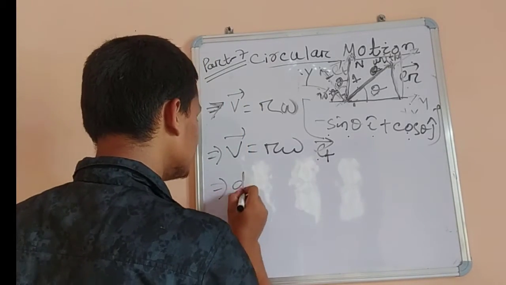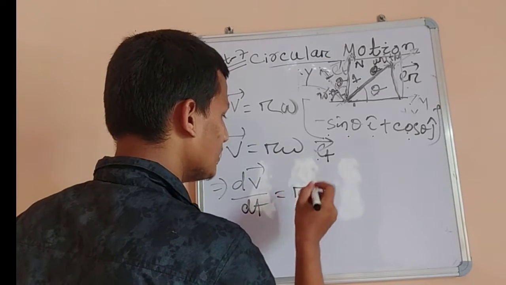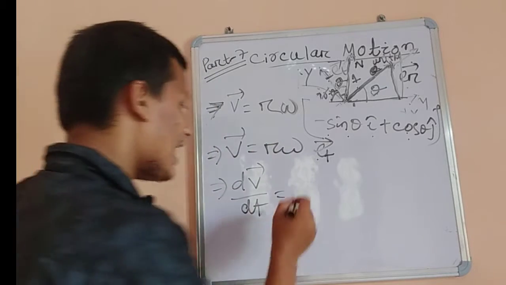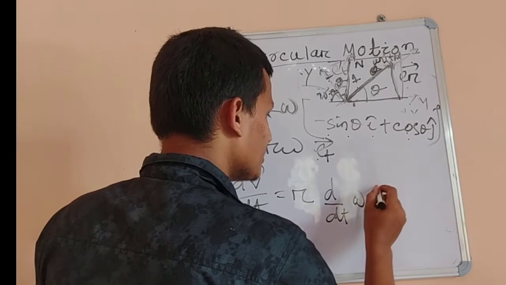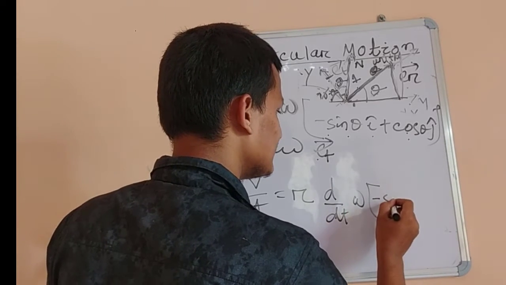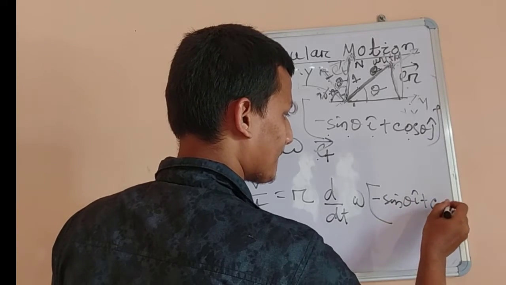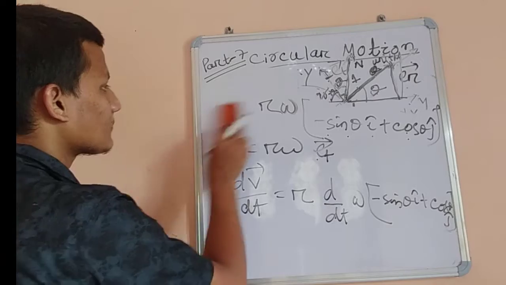So dv vector by dt equals r omega. r is constant, so r will come outside. d by dt of omega into minus sin theta i cap plus cos theta j cap.